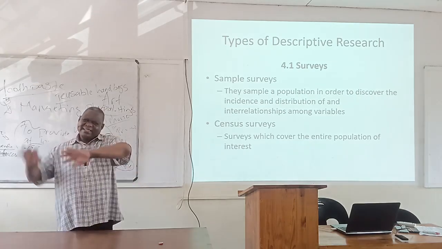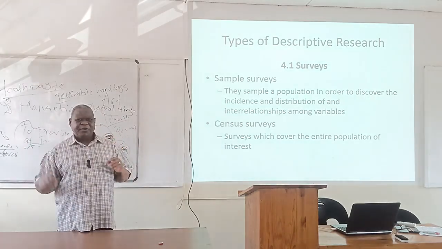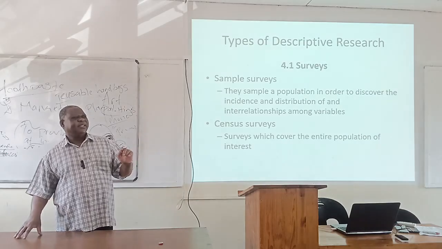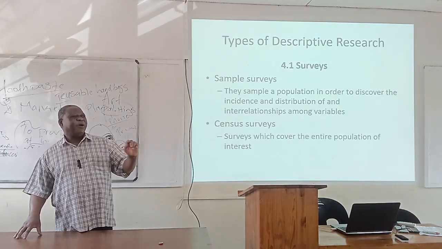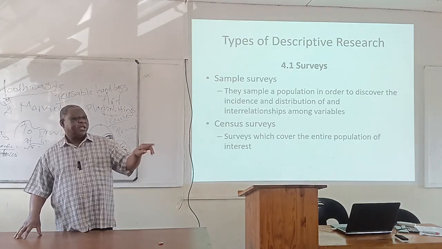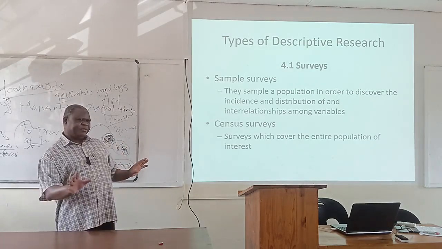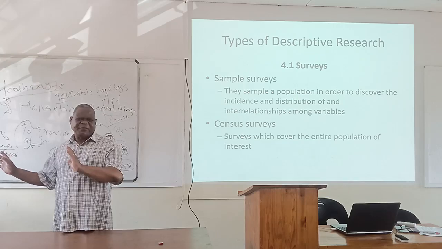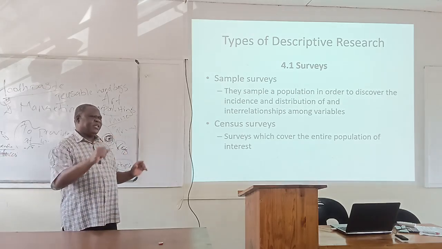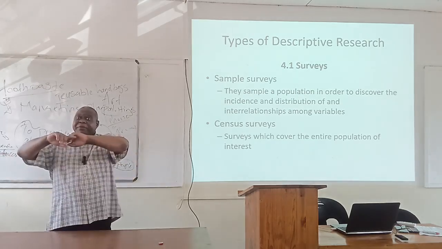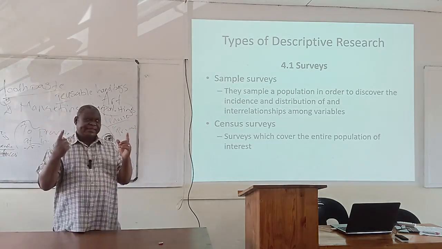And in that organization, you can also look at how many households have 40 million, how many have 30 million, how many have 10 million. So you can actually come up with a frequency distribution.